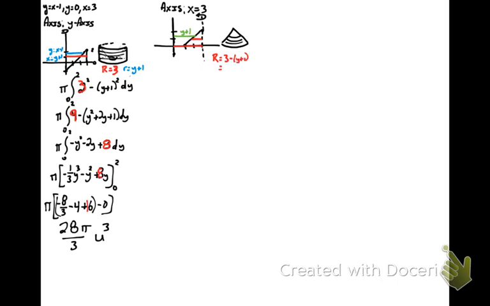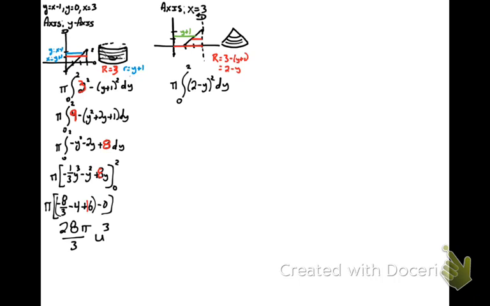Or cleaning it up, it's 2 minus y. There is no little r because there's no hole in this in any way, shape, or form. So we can set up our integral. Everything will be in terms of y. So this will be pi from 0 to 2 of 2 minus y squared dy.